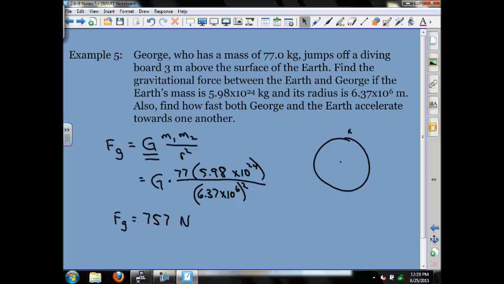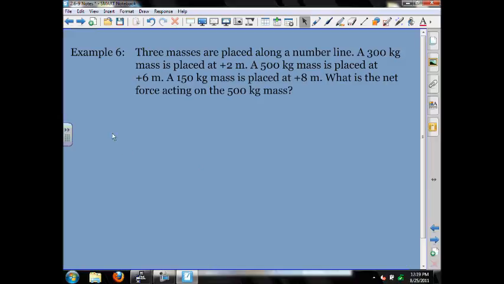Go ahead and take a look at example 6 in your notes on your handout. It says 3 masses are placed along a number line. We have a 300 kilogram mass at 2 meters, a 500 kilogram mass at 6 meters, and a 150 kilogram mass at 8 meters.